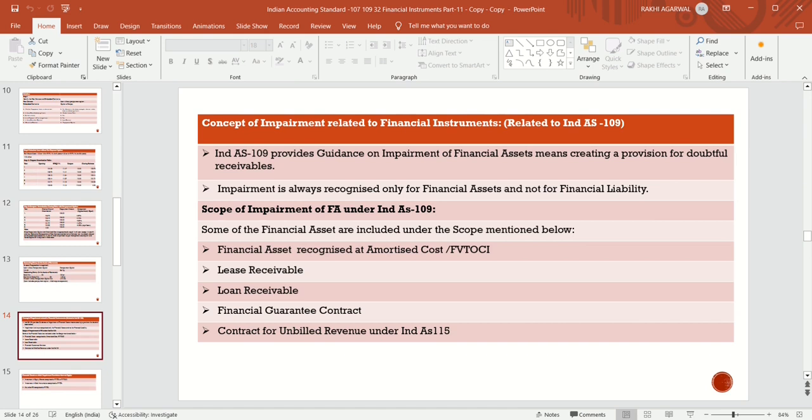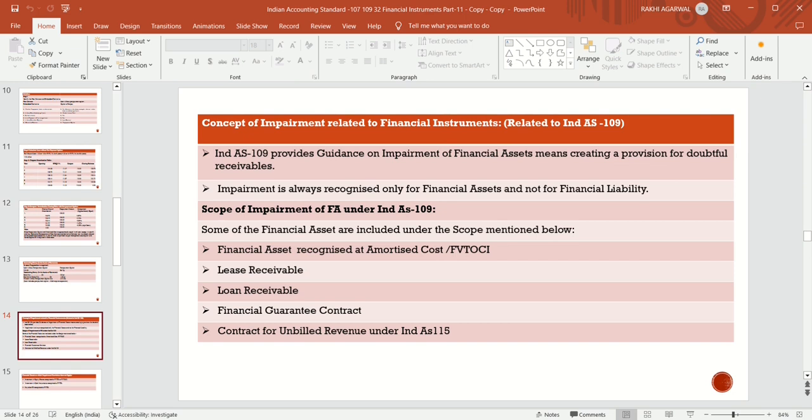Now the scope of impairment of financial asset under this standard, IND AS 109. Some of the financial assets included under the scope mentioned below, like financial asset recognized at amortized cost or fair value through OCI, lease receivables, loan receivables, then financial guarantee contract, guarantee given by the third party, then any contract for unbilled revenue under IND AS 115, which is discussed in IND AS 1.